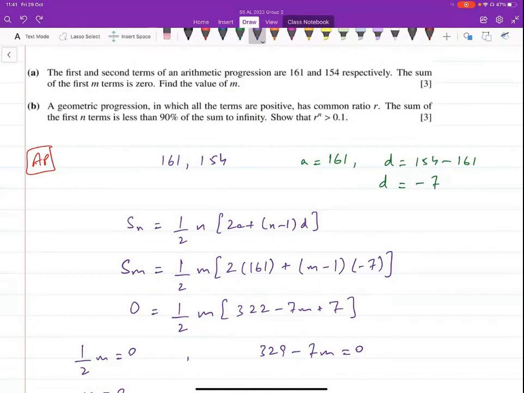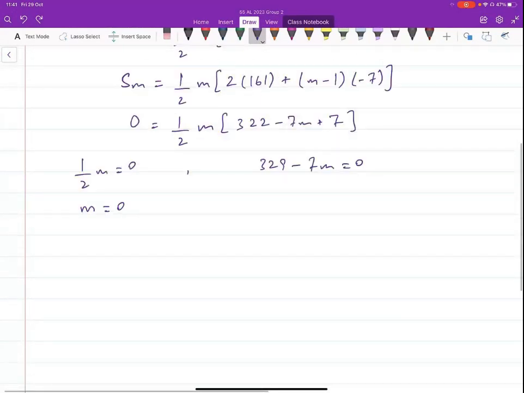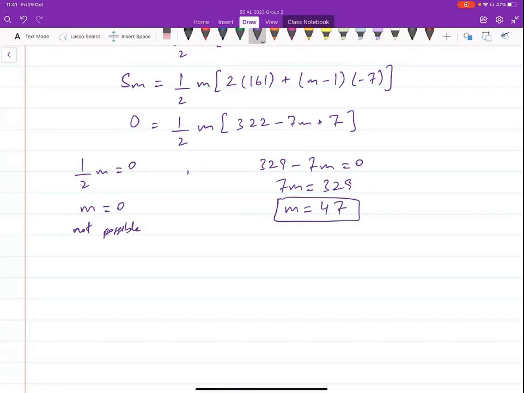If the number of terms was 0, it means the sequence does not even exist, right? So this is not possible. We solve the other one. We get 7m equals 329 from that. We can get the value of m from that. What do we get? 47. So m is 47. That's the value of m.